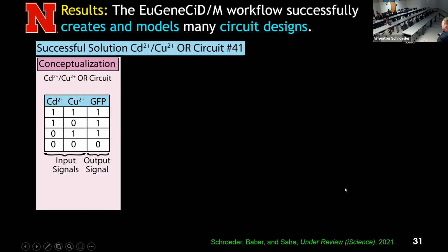Now that we've looked at the general, high-level results of Eugene-SID, let's look at some of these specific solutions, these conceptualizations, and see how Eugene-SIM works in. As I mentioned before, our conceptualizations are defined as a logic table, in this case a cadmium-copper responsive OR circuit.